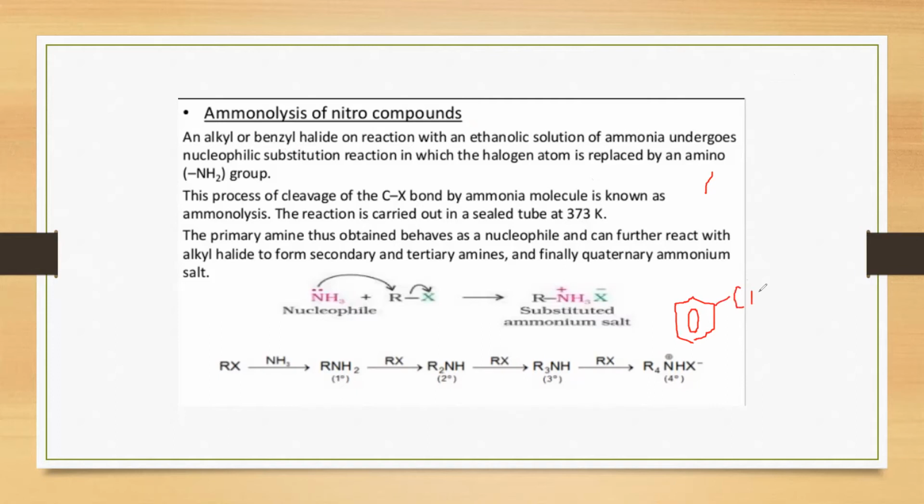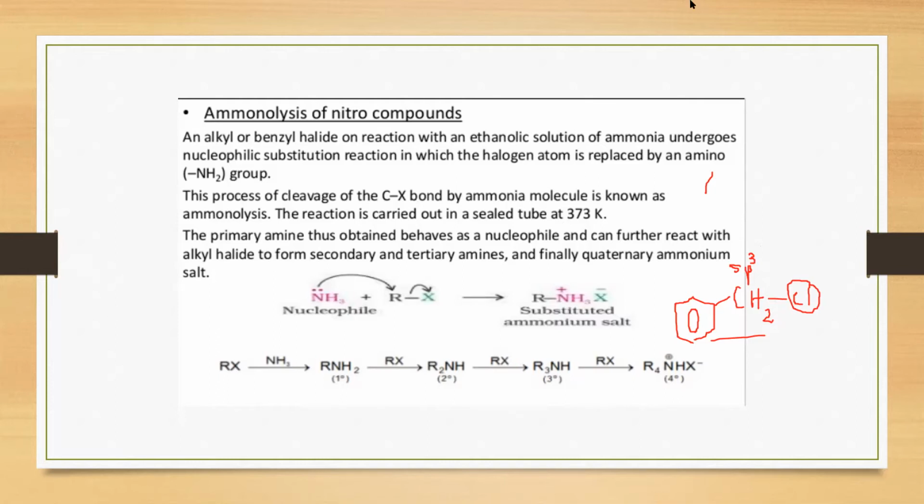This is a benzyl halide. Never ever misinterpret benzyl halide as chlorobenzene. It's a common mistake that children make these days. This is benzyl chloride. See, the chlorine is attached to an sp3 hybridized carbon. So that is benzyl chloride.